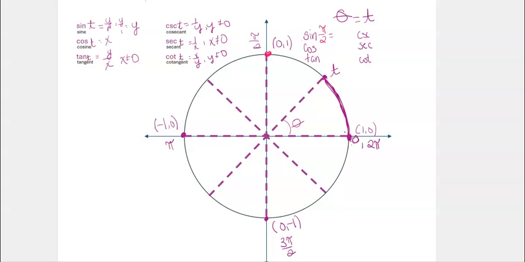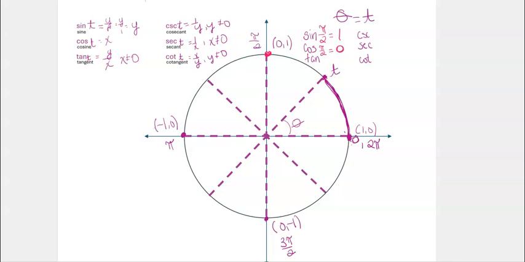Well, the y value at pi over 2 on this unit circle is 1. So it would just be the number 1. So the sine of pi over 2 is 1. The cosine of pi over 2 would be equivalent to x at the point (0, 1). And since x is 0, the cosine of pi over 2 would be 0.